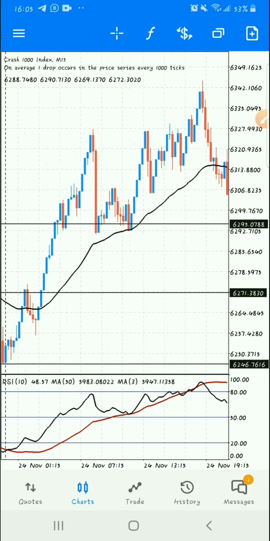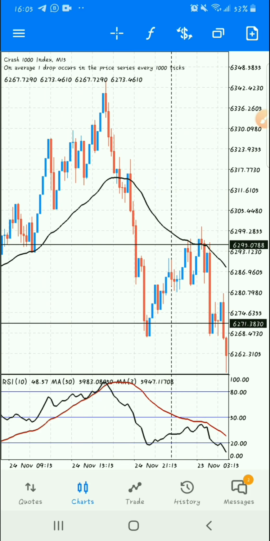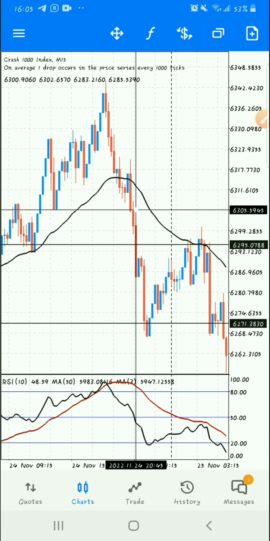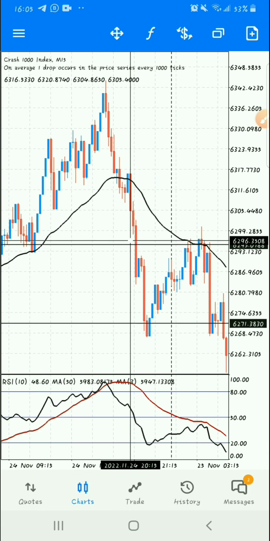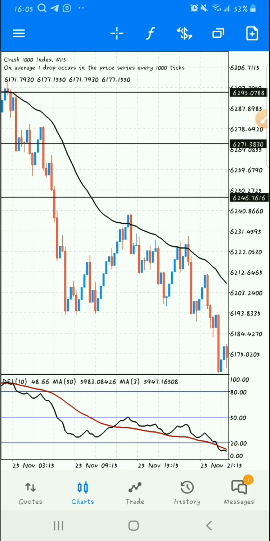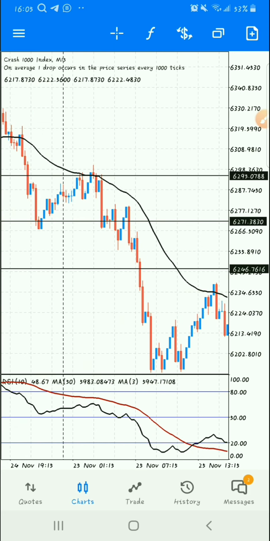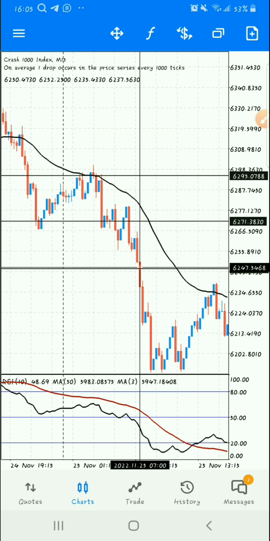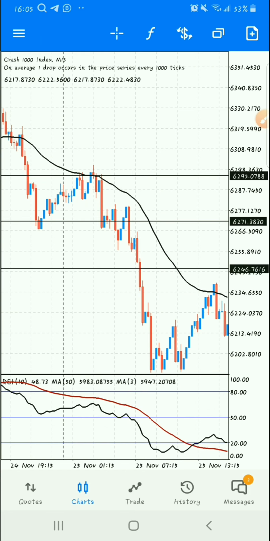That's how things are done. When you see here, guys, we got our entry here. Take profit number 1 was hit. Take profit number 2 was hit. So here we could just move your stop loss to break even, as I've been explaining, and our take profit number 3 was hit. You see, as simple as that. All take profits hit on the 15-minute time frame.